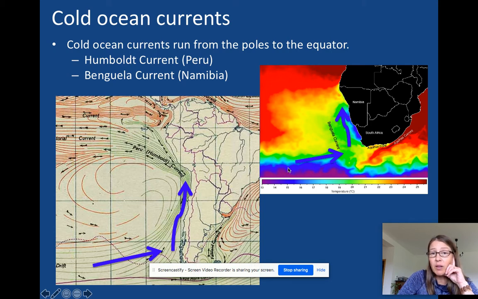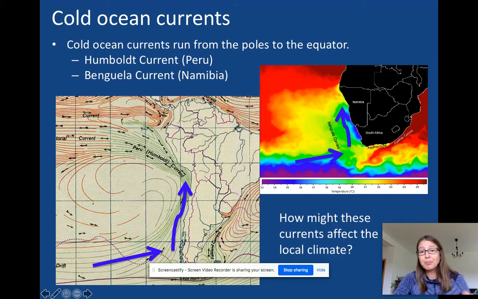This is also another cold ocean current coming up the coast of South Africa. So that is going to be influencing the climate, where it'll be cooler than it would be if it were a warmer current. You should be able to give examples of cold ocean currents.